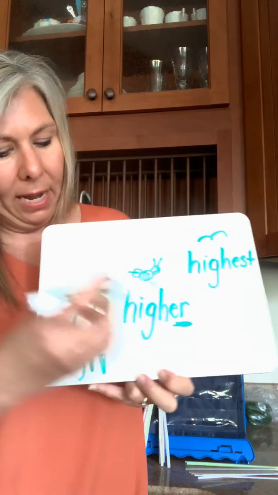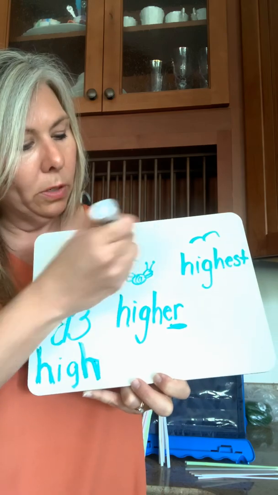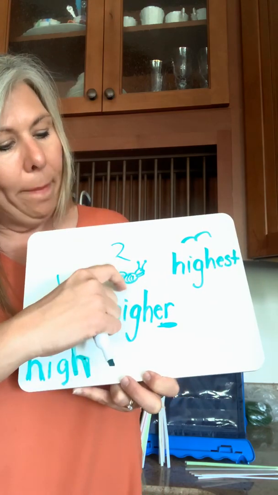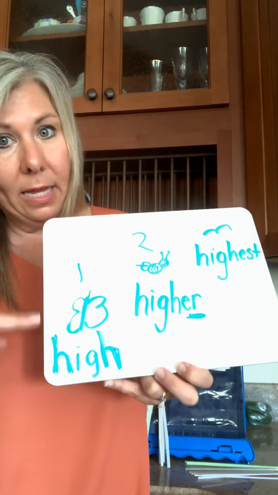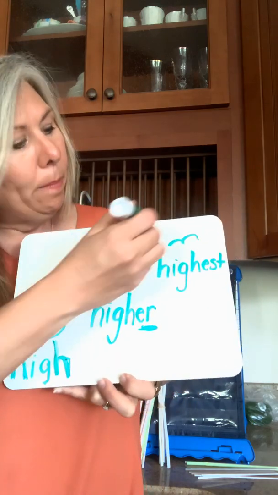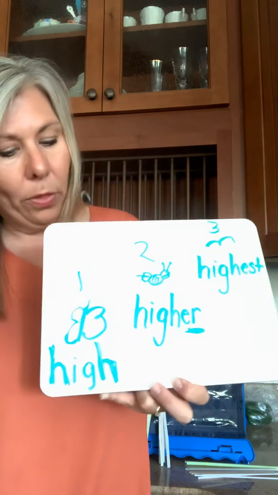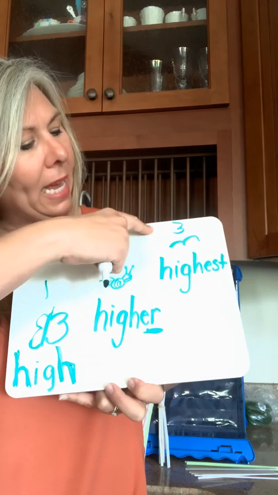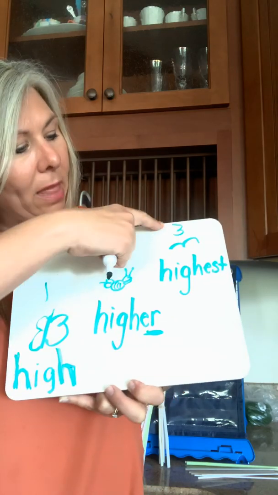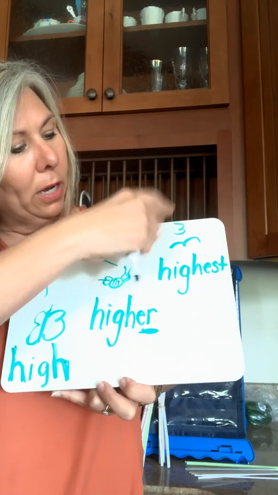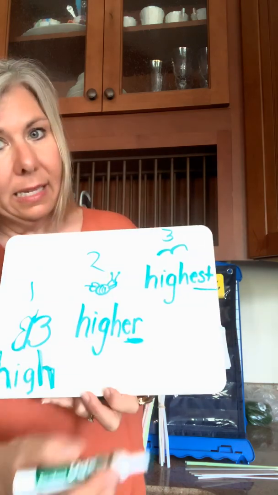Higher, because this time I compared two things. So a bee goes higher than the butterfly. But if I'm comparing all 3, the butterfly, the bee, and the bird goes the highest.